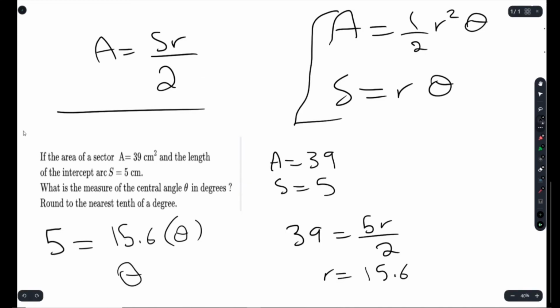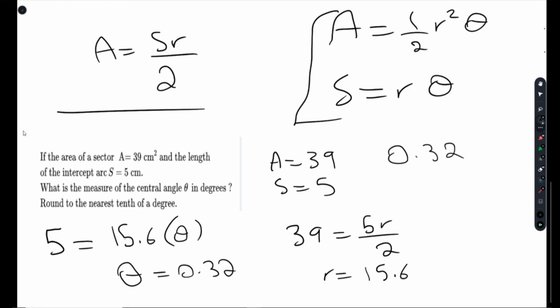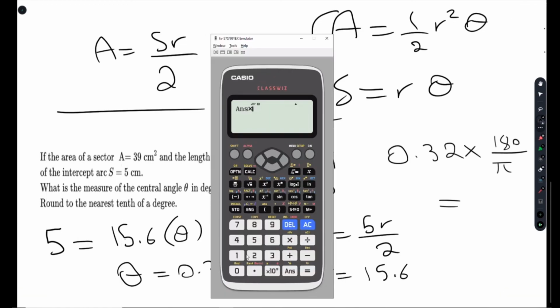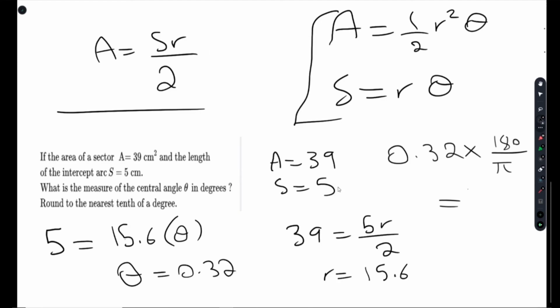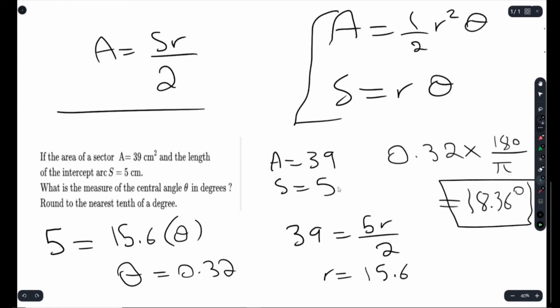So theta is equal to 0.32 radian, but they're asking for the angle in degrees. So it's 0.32 times 180 over pi. So the final answer will be 18.36 degrees. And that's our final answer.